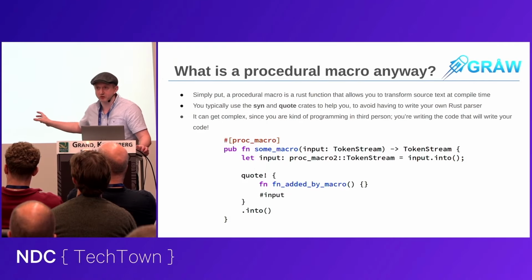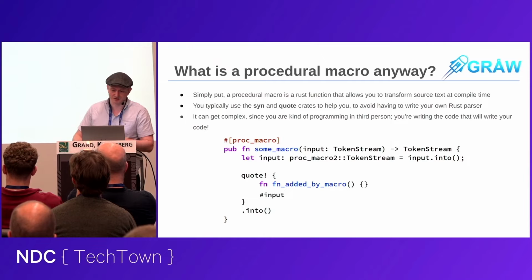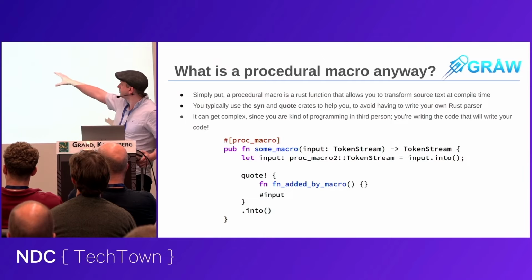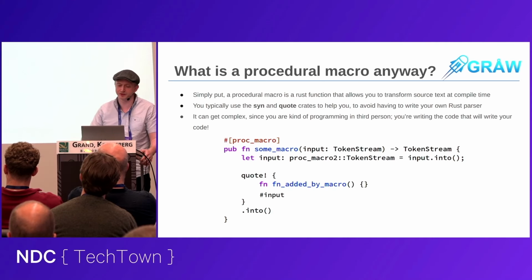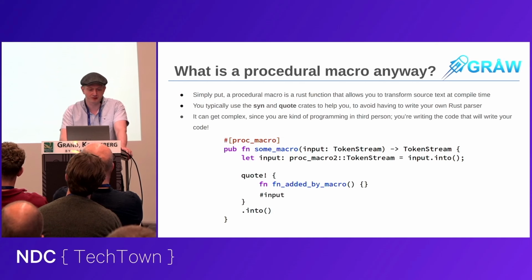And the output is a token stream, so you can transform that input text to a different output text. As you can see here, we take the input token stream and we add this new function declaration in front of it, and then we include the original input token stream as well in that generated stream.